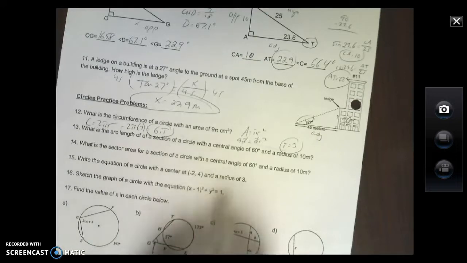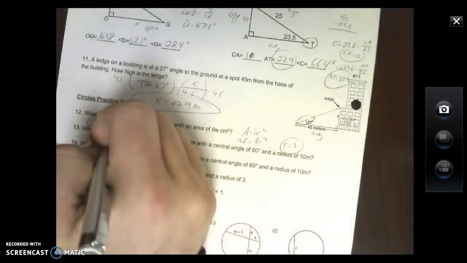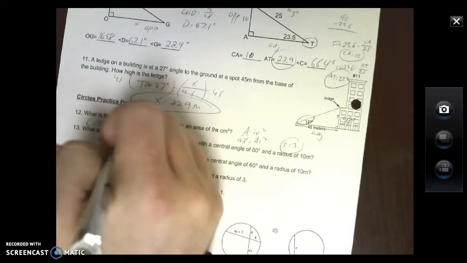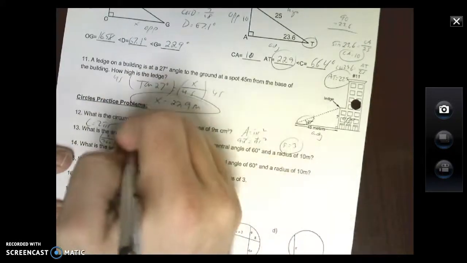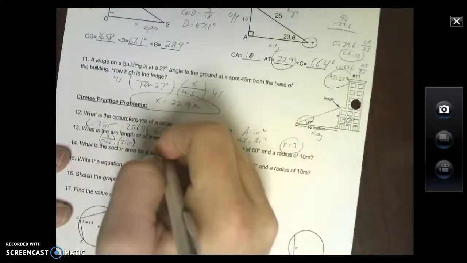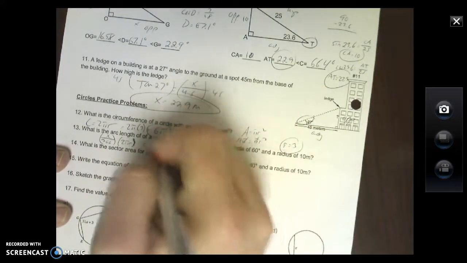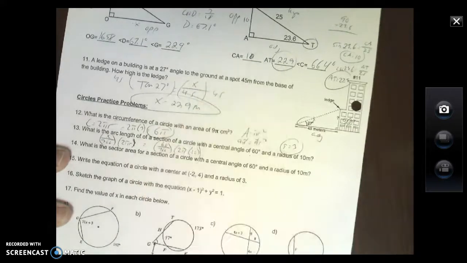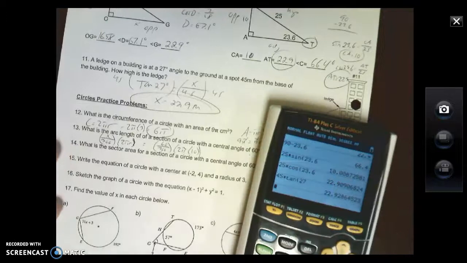Okay, so the arc length is going to be the central angle over 360 times 2 pi r. So in this problem, the central angle is 60. I'm doing 60 over 360 times 2 times pi, and my radius is 10. This is just strictly all calculator work.